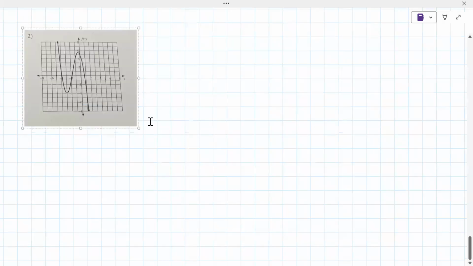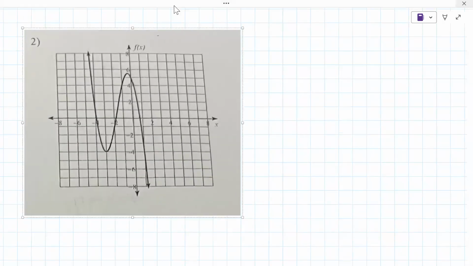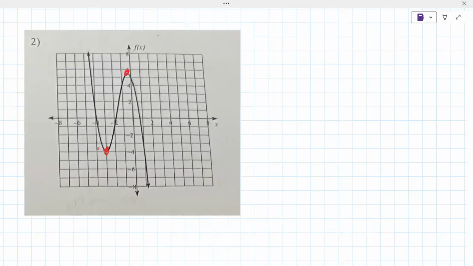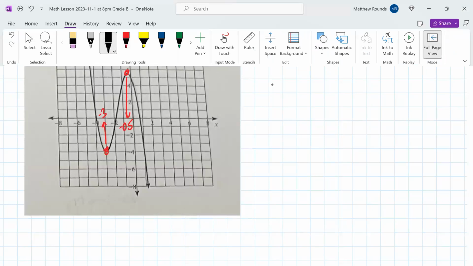No. All right. So again, you go from left to right. You identify the peaks and the valleys. It's like a country music song. The x value is there, so whatever, minus 3 and maybe like minus 0.5. So it's always the x values.